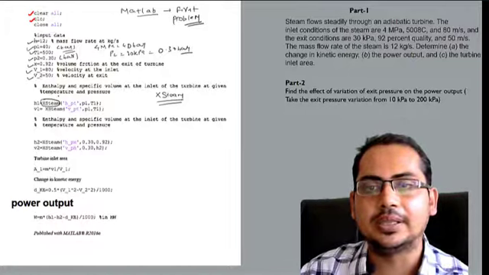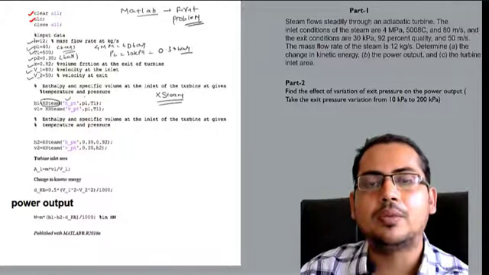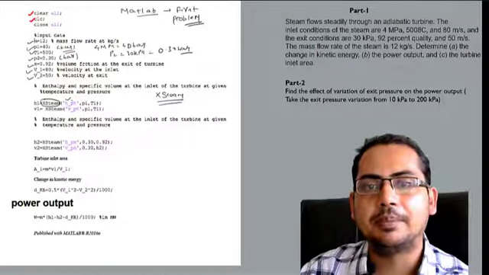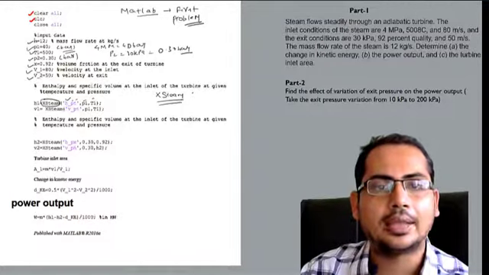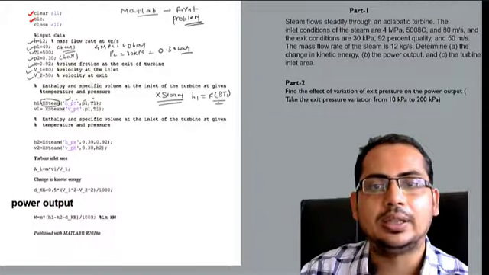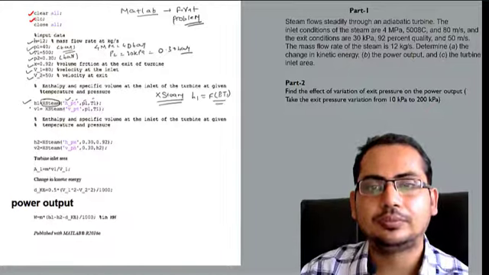For example, this is the function XSteam. What do you need to calculate? You need to calculate H, the enthalpy. What are the input parameters? Pressure and temperature, with values P1 and T1. As I explained, H1 is a function of P1 and T1. In this way you implement the code to calculate H1.